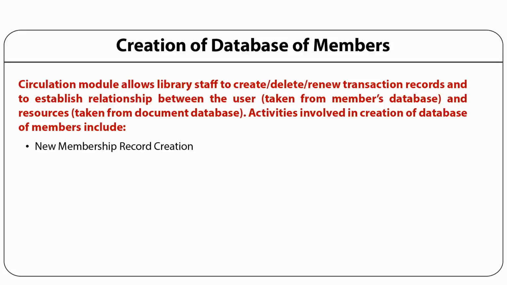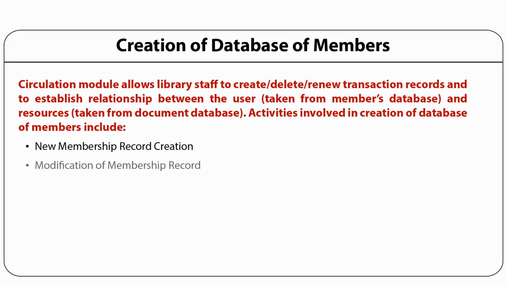Membership code may be generated automatically or entered manually into the database. This member ID is printed as a barcode on identity cards and is used for the document transactions.